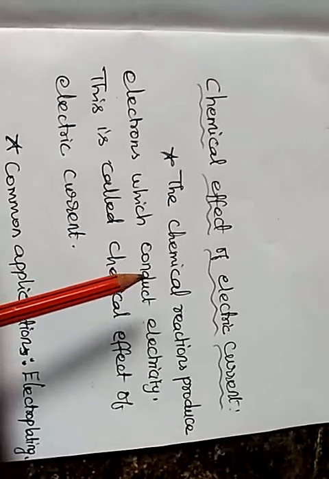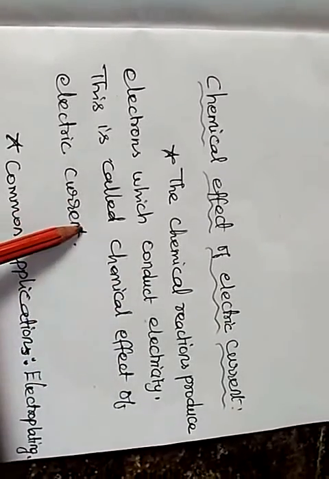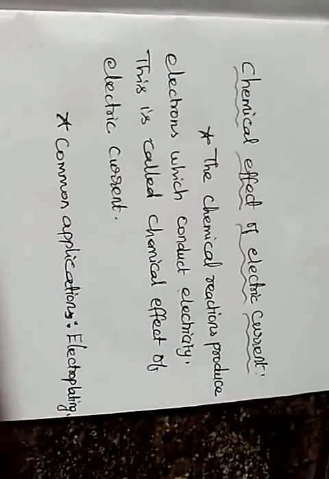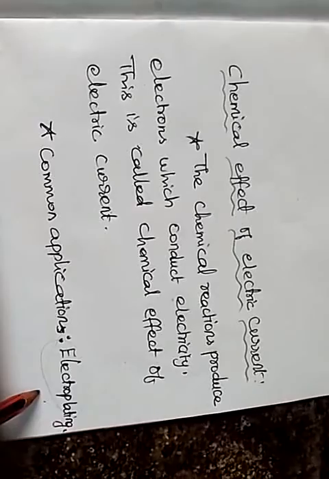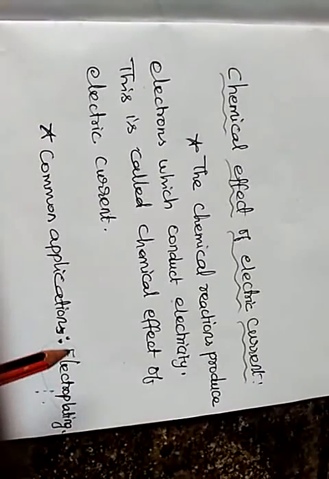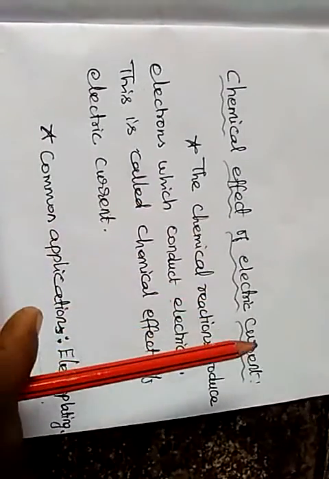This is called the chemical effect of electric current. Then a common application is electroplating. Electroplating is one of the most common applications of the chemical effect of electric current.